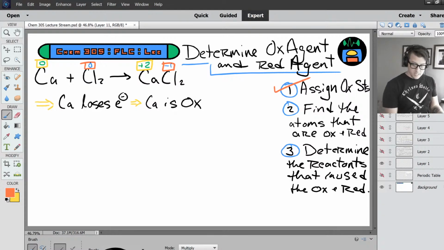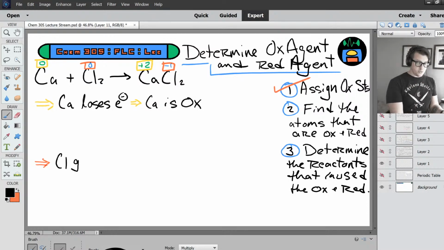Now, here's my question. Well, actually, I'm going to put that question on hold. Let's look at what happens with chlorine first. All right, chlorine also experiences a change in oxidation state, starts at 0, ends at negative 1.